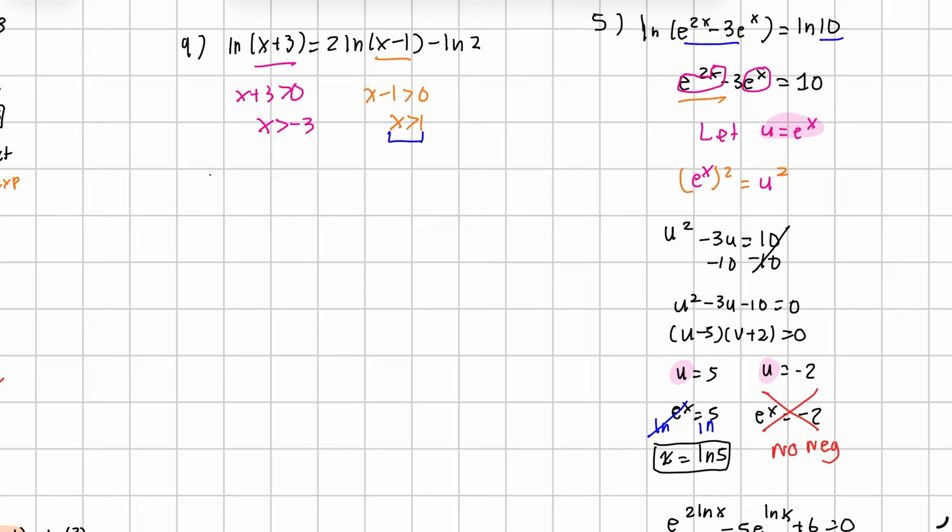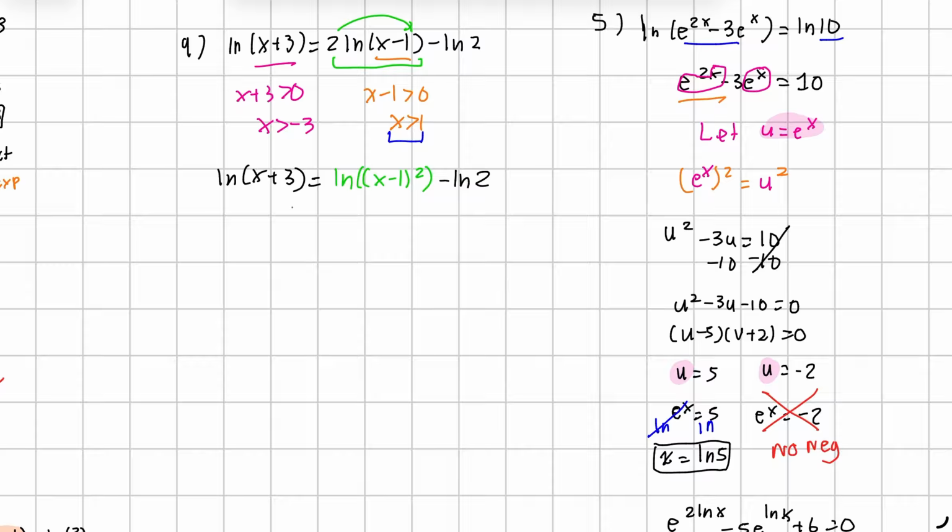Let's use the power rule. So we have 2 ln of x minus 1. This is going to be the same thing as ln of x minus 1 squared, because you can just put that 2 up there. So that is going to be our new expression, minus ln 2 is equal to natural log of x plus 3.